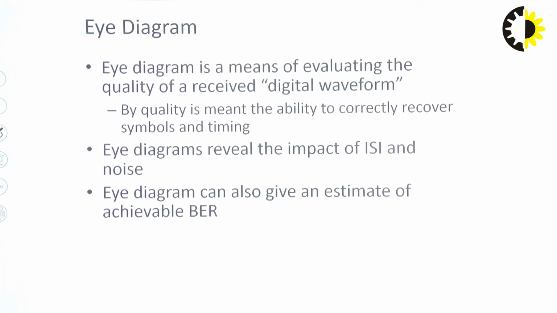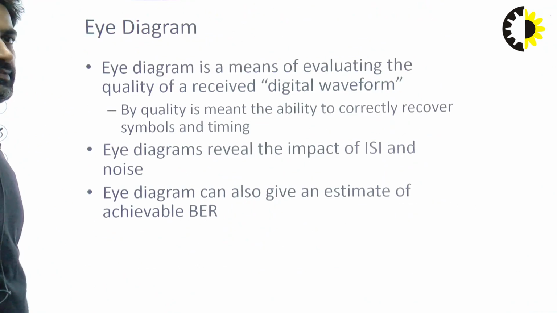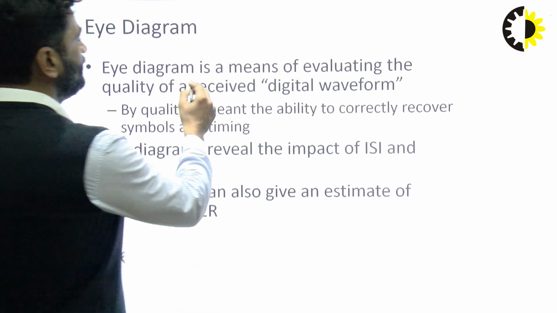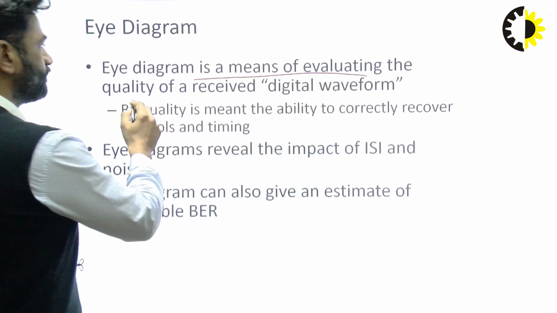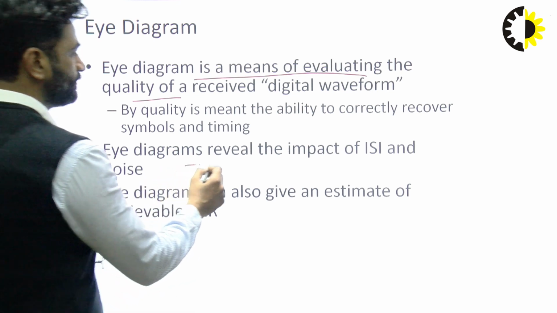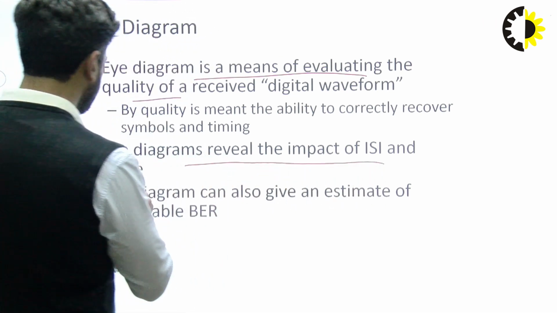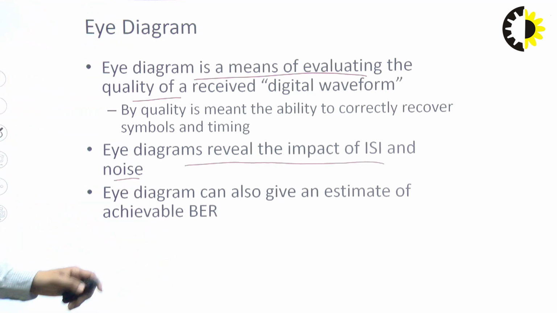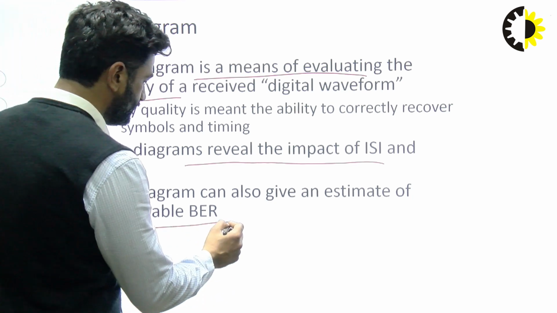Now, lastly, the eye diagram. What is an eye diagram? The eye diagram is a measure for evaluating the quality of the received digital waveform. In order to judge the ISI impact, we use the eye diagram. The eye diagram reveals the impact of ISI and noise. It can also give an estimate of the achievable BER, that is, the bit error rate.